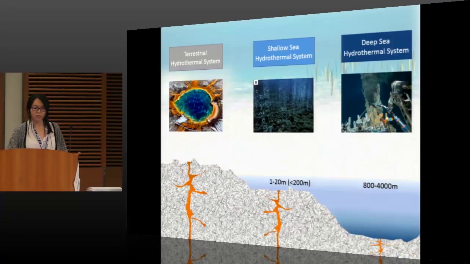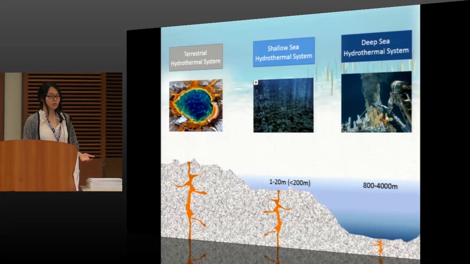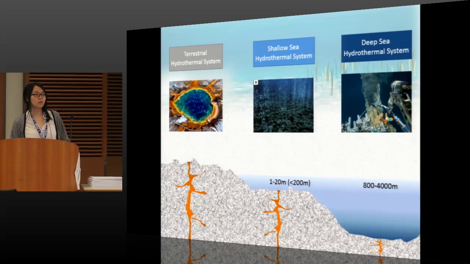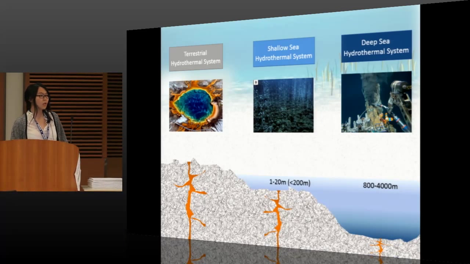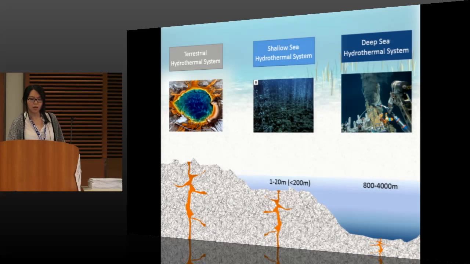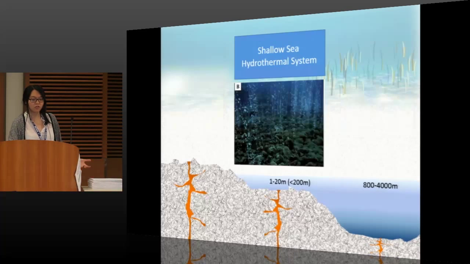There are three different types of hydrothermal system, like the terrestrial hydrothermal system, the most famous example being Yellowstone National Park, and the deep sea hydrothermal systems such as the Black Smoker or Lost City. Both of them were investigated a lot, as in previous talks, but I focus on the shallow sea hydrothermal system.